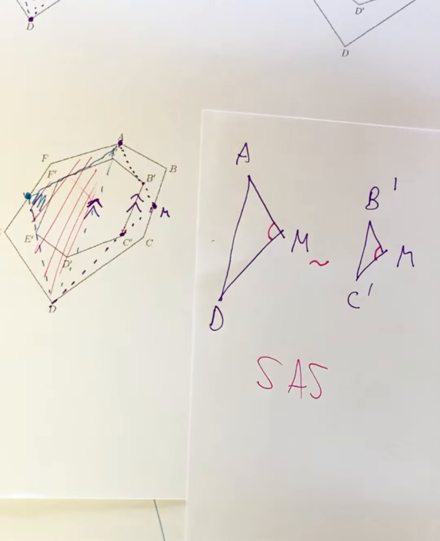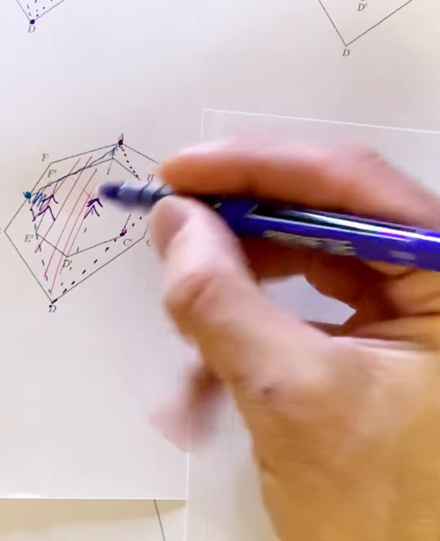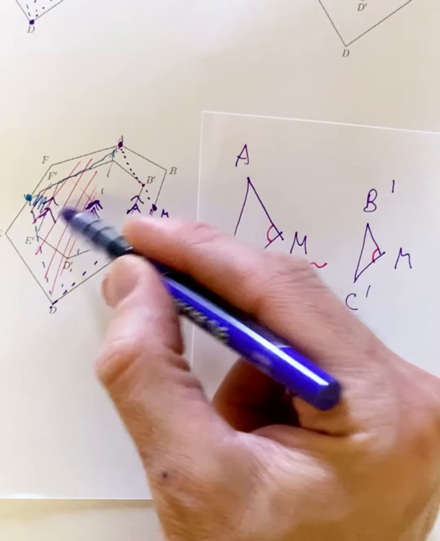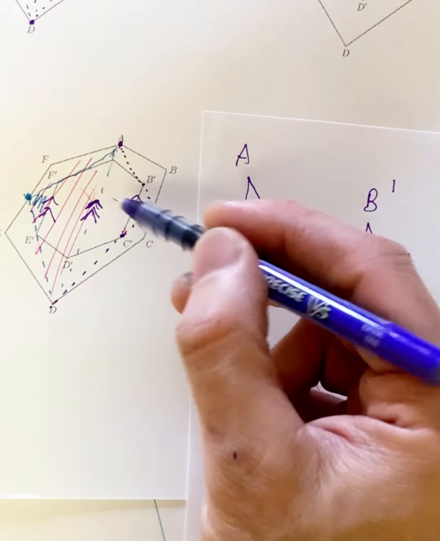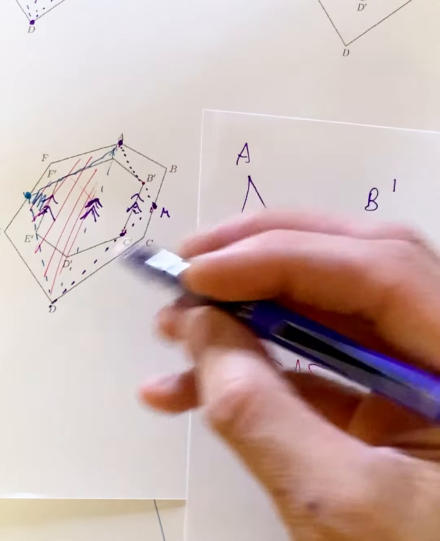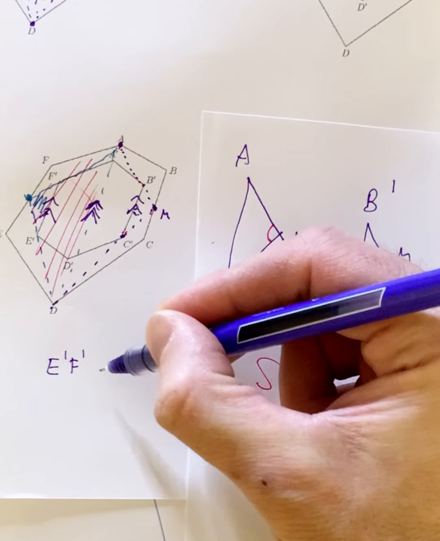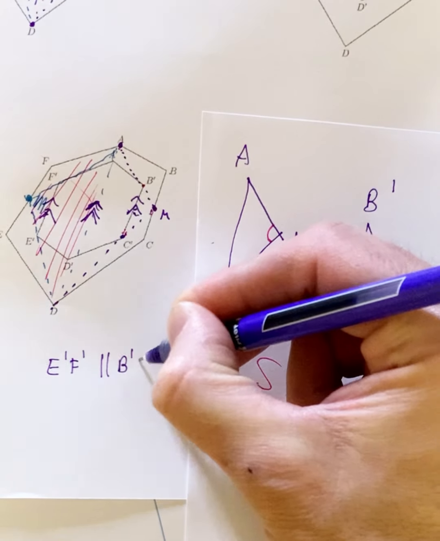And because that's the case, that implies that this one here is parallel to that one there. And since these two lines are parallel to the same line segment, then this is parallel to that. And so that gives us that E prime F prime is parallel to B prime C prime.